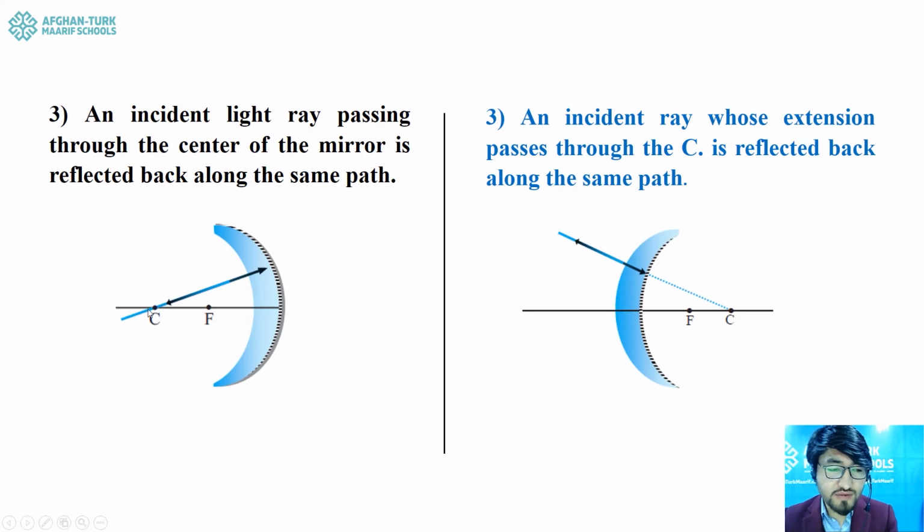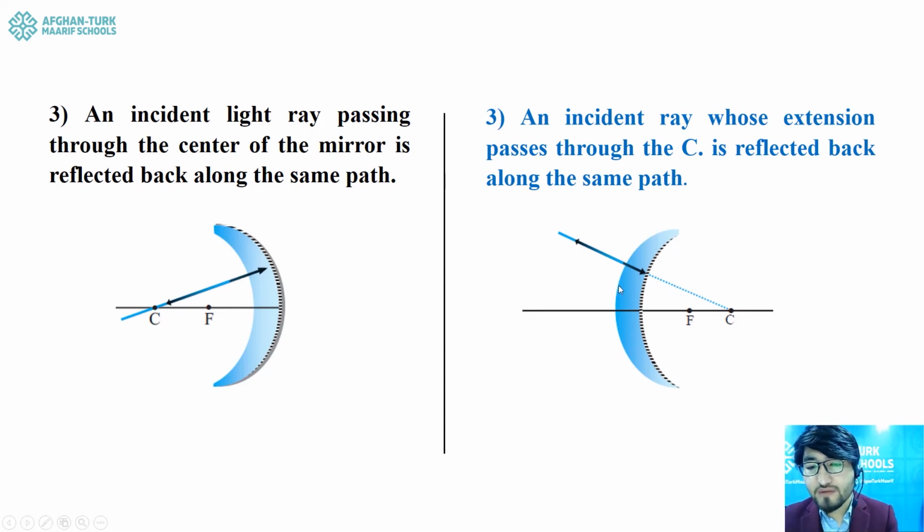Or, sorry, we can say that the incident ray is perpendicular, and the angle of incidence is equal to the angle of reflection. That is why the incident light ray passing through the center of the mirror is reflected back along the same path.